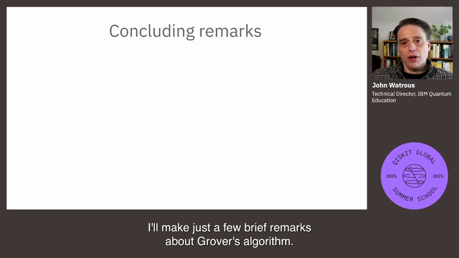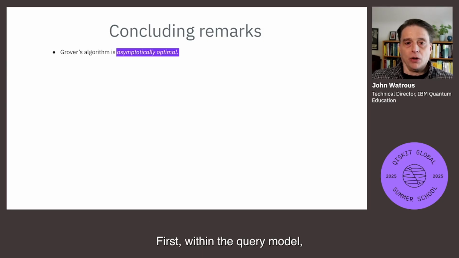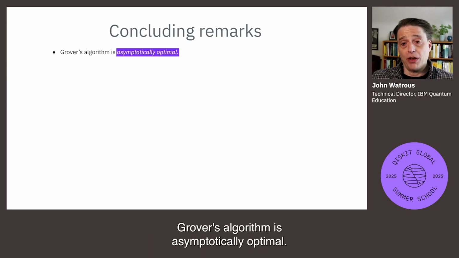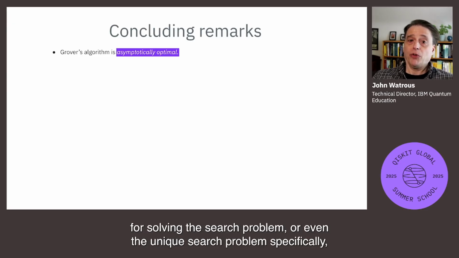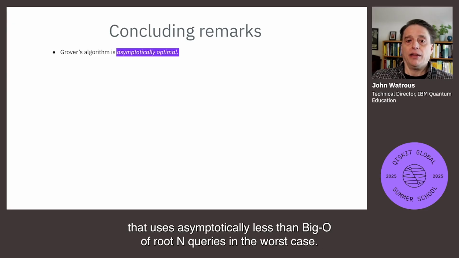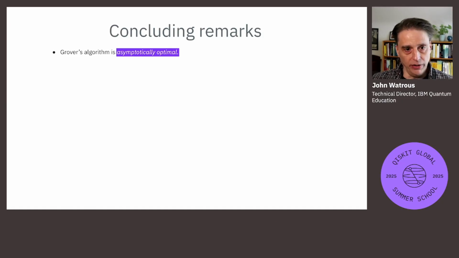To conclude, I'll make just a few brief remarks about Grover's algorithm. First, within the query model, Grover's algorithm is asymptotically optimal. What that means is that it's not possible to come up with a query algorithm for solving the search problem, or even the unique search problem specifically, that uses asymptotically less than big O of root n queries in the worst case.